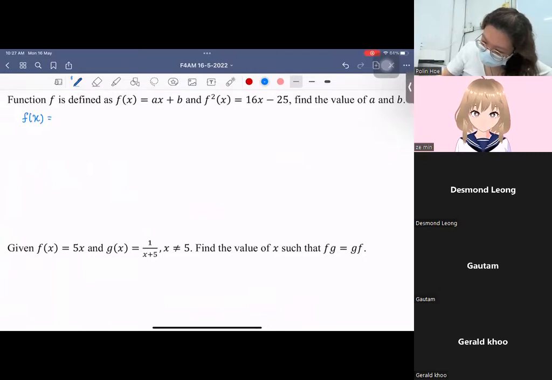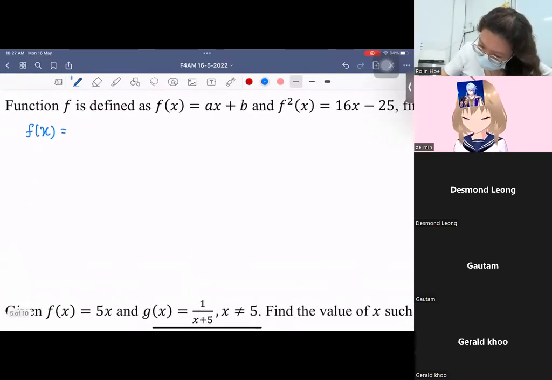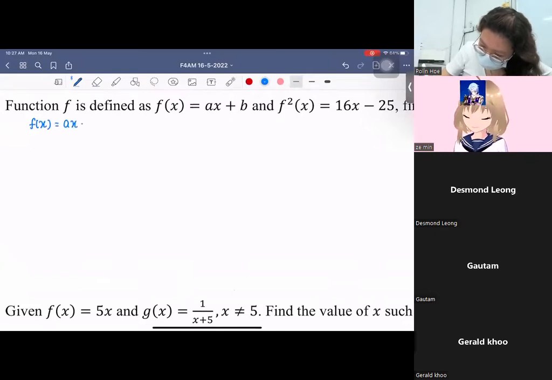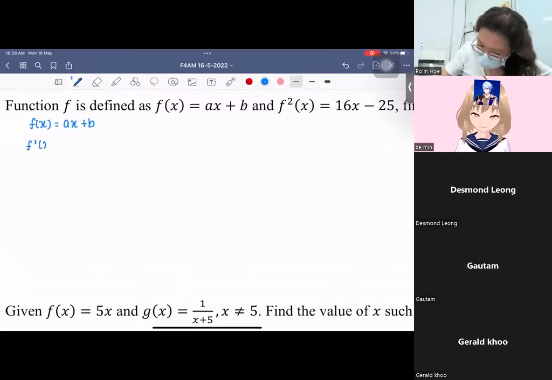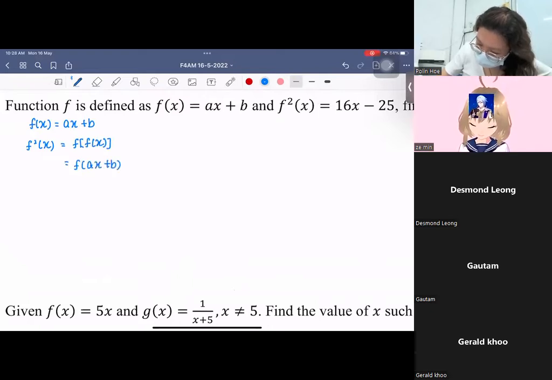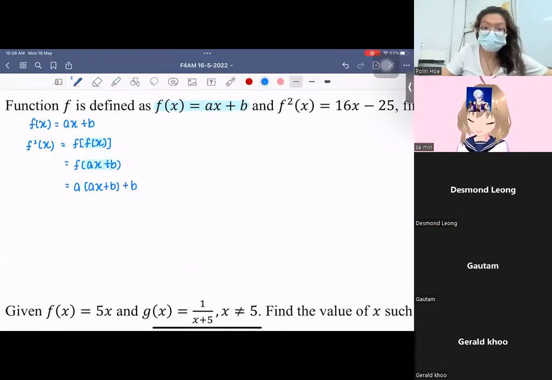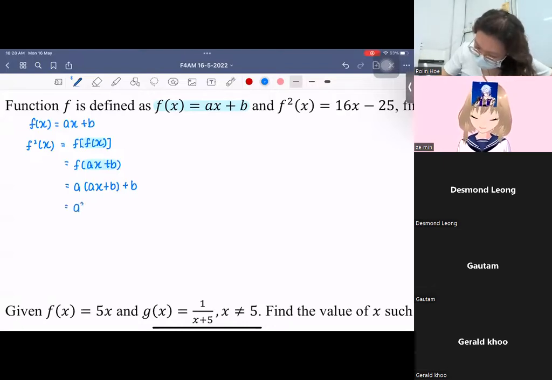f(x) equals ax plus b. f(f(x)) equals f(ax plus b) equals a times, my x is now ax plus b, plus b, equals a squared x plus ab plus b.